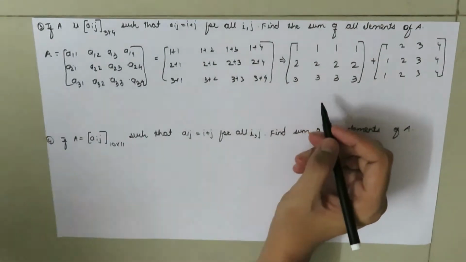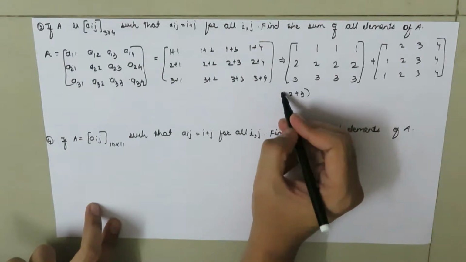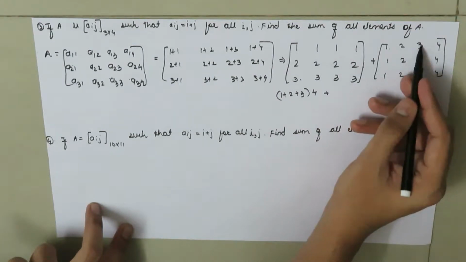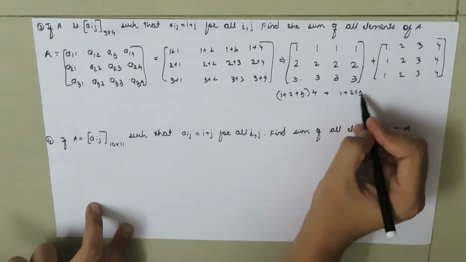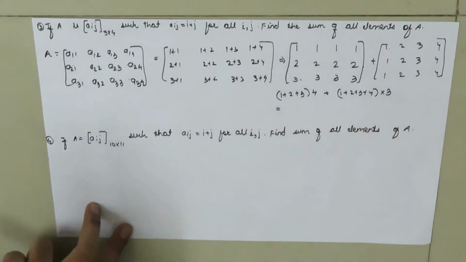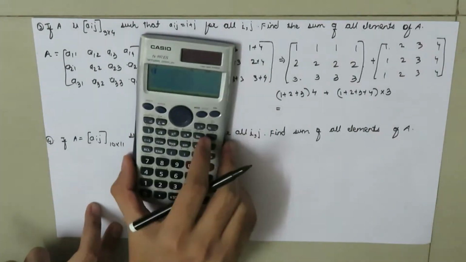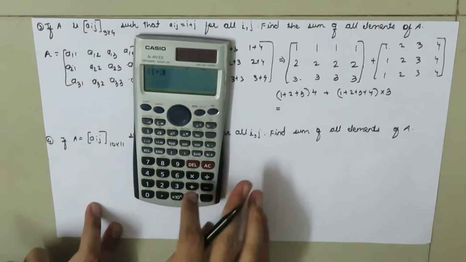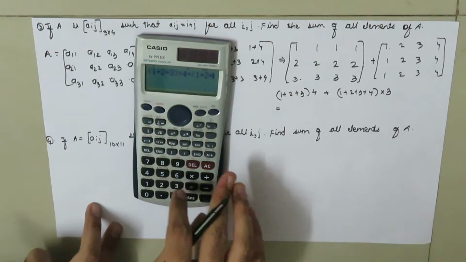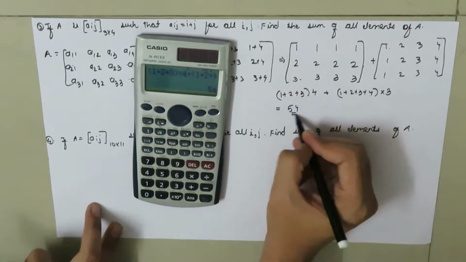So what we can do is, we know that 1 plus 2 plus 3 is counted 4 times, plus 1 plus 2 plus 3 plus 4, which is counted 3 times. So let me take out my calculator. 1 plus 2 plus 3 is 4 times, and 1 plus 2 plus 3 plus 4 is 3 times, so this is 54.